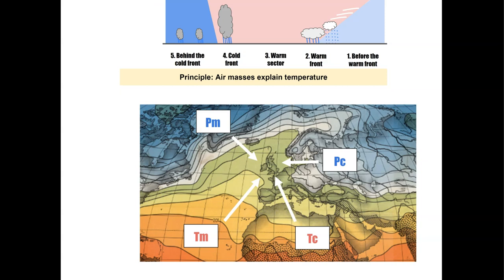Okay, principle number 1, air masses explain temperature. So the colour up here I'm hoping will help you to just get some of this in your head, to remember it. PM, TM, PM. Remember, we've met that earlier. Polar maritime, coming from the northwest, is cold. TM, tropical maritime, coming from the southwest, is warmer.